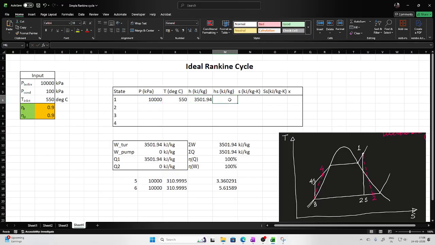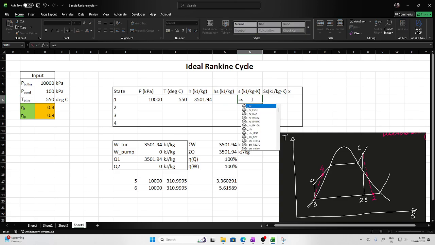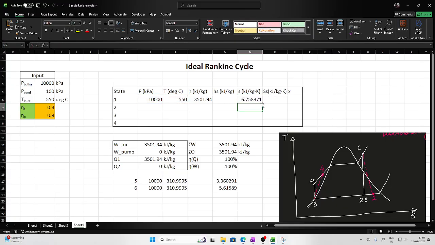As this is the starting point, we needn't find the isentropic enthalpy because that will be required at 2s and 4s. So we will directly jump to entropy, based on pressure and temperature. This is pressure, this is temperature, done.